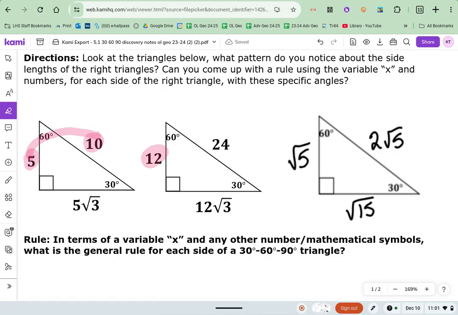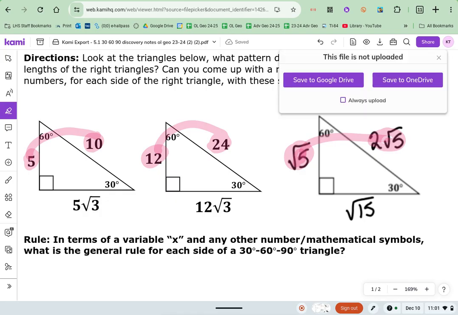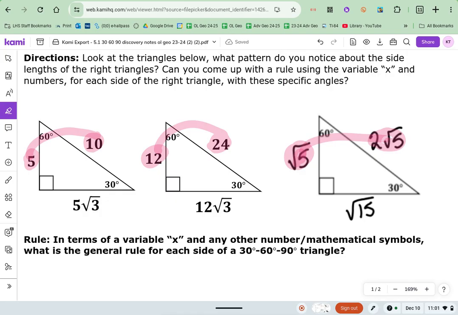So the shortest side of the triangle times 2 gets to the hypotenuse. And actually, same thing on this one too, because root 5 times 2 is just 2 root 5. So that's definitely part of the pattern, that the hypotenuse is double whatever the shortest side is. Anybody notice the other part of the pattern?